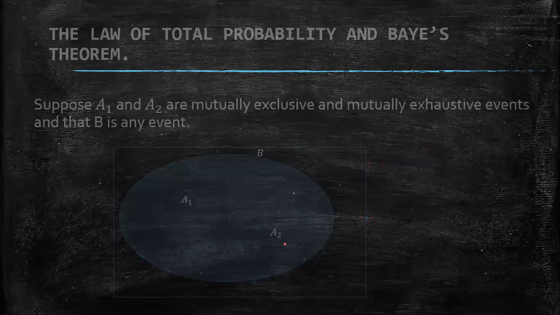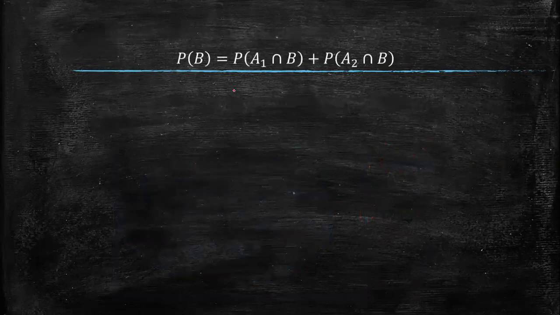So when we are interested in getting the probability of B, the probability of B is going to be A1 intersection B plus A2 intersection B.